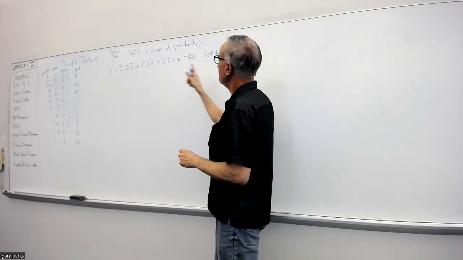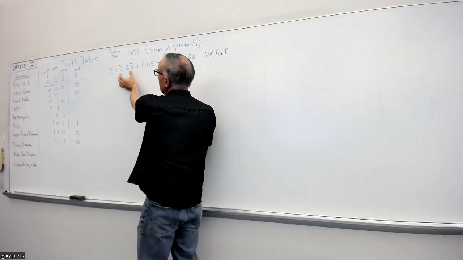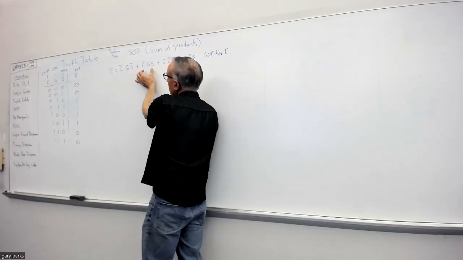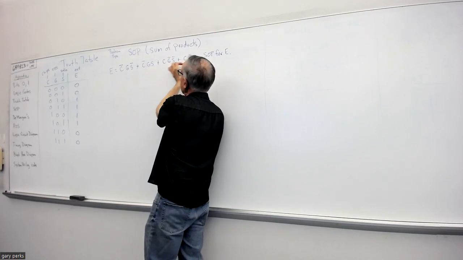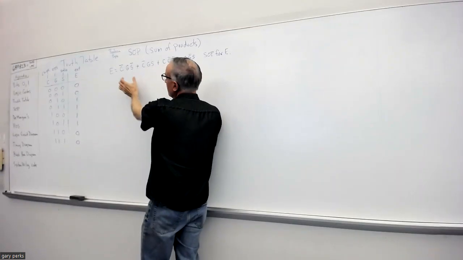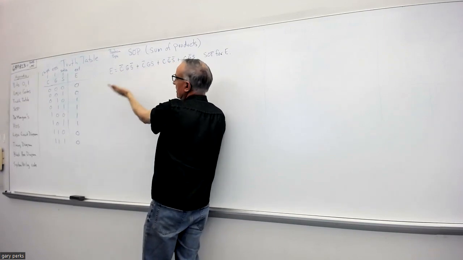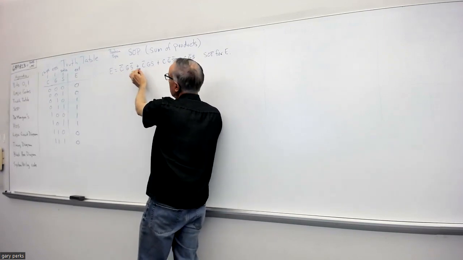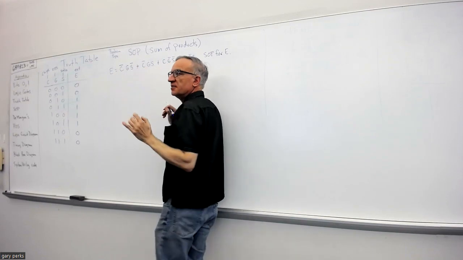And the reason why it's called SOP, sum of products, is because these terms are ANDed together and then ORed. If you consider this to be a base 10 equation, it would be the sum of the products.